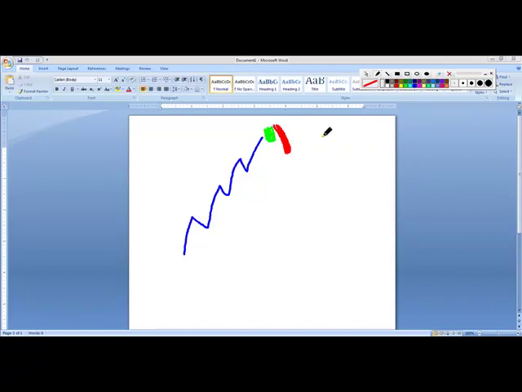When you see something like this at the end of an uptrend, a bearish candle that covers completely the bullish candle, that means that the momentum for the sellers is very, very high, and the market is ready to do what? Go down.